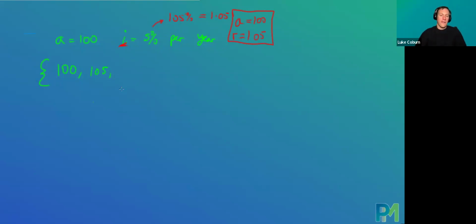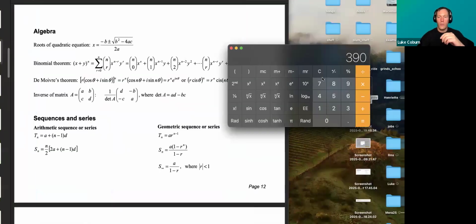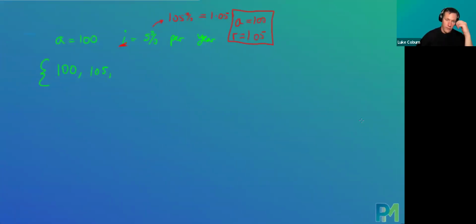So now at the end of the second year, you see this time it's compounding. So we've got 105 this time multiplied by 1.05. And that's going to be 110.25. So it's kind of like we added on 5 again, but we have a little bit more than that, right?